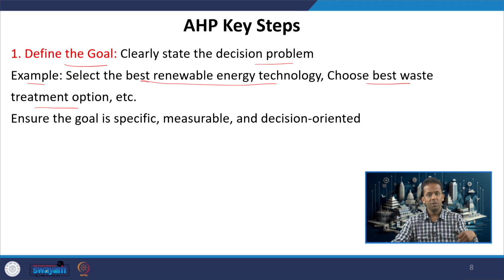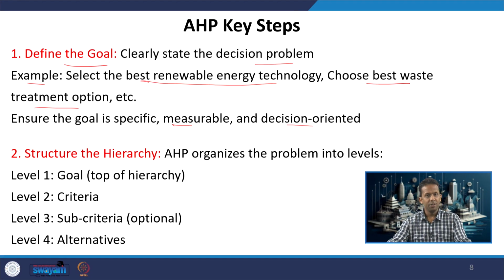That can be a goal which is generic, but it is specific, measurable and decision oriented. The question which we are asking in these goals will have some solution which can be conveyed as a decision. Amongst the renewable energy technologies, solar PV is the best one. Amongst waste treatment options, incineration or gasification is the best one. That gives you the specific measurable answer.